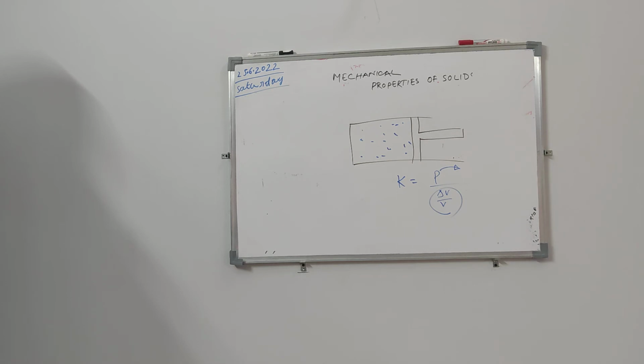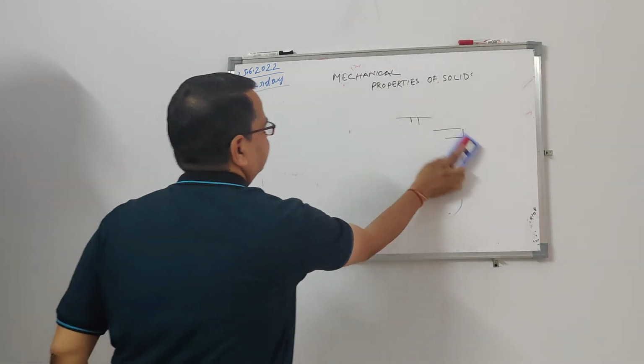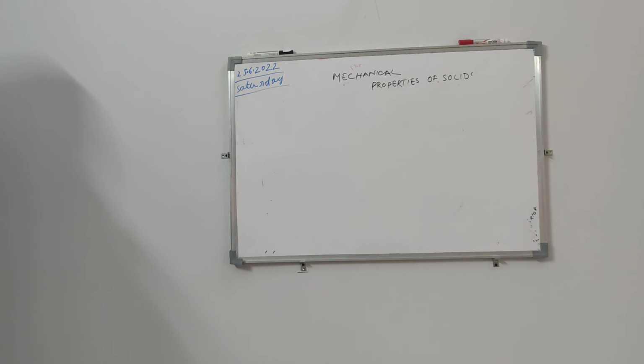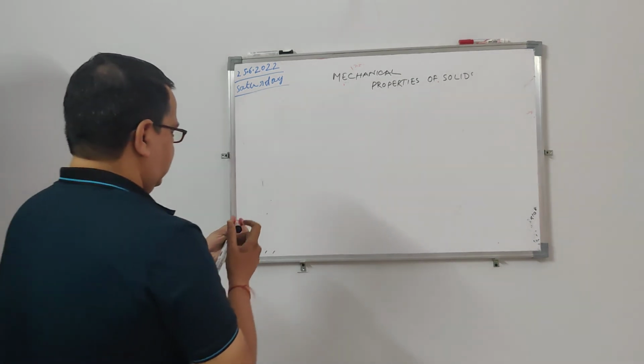Okay, so one more numerical we can do. A crane with a steel cable of length 11 meter and radius 2 centimeter. So I have a cable.